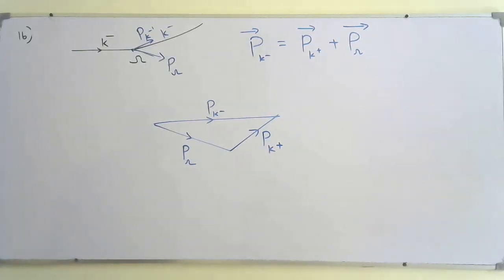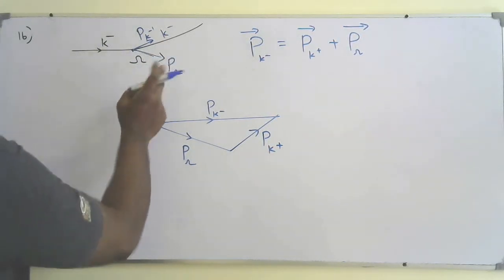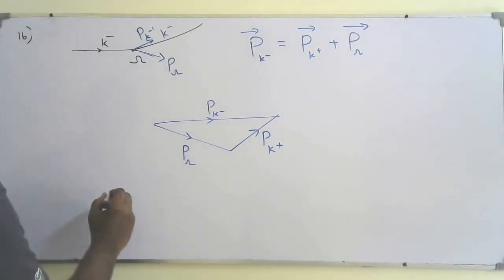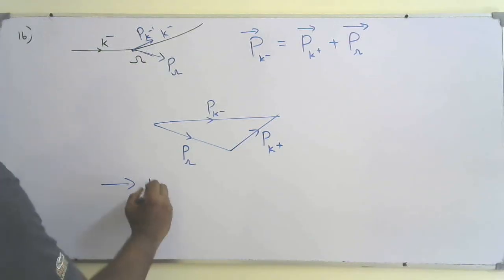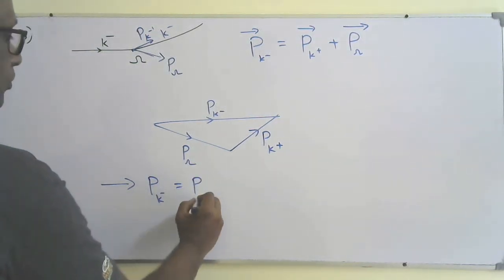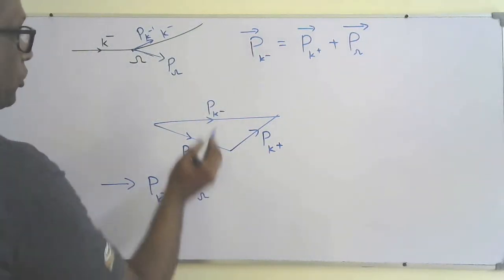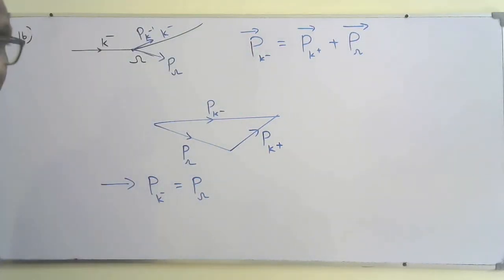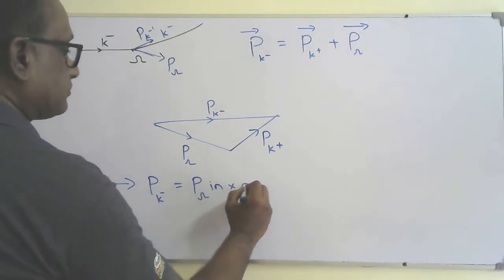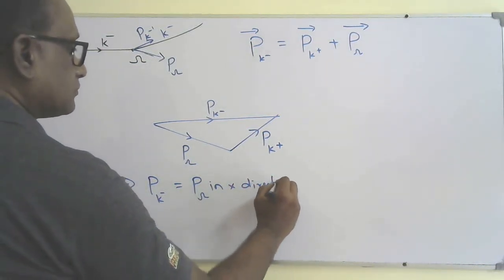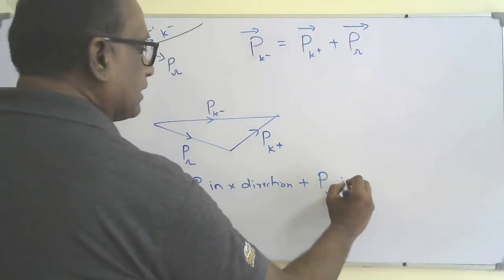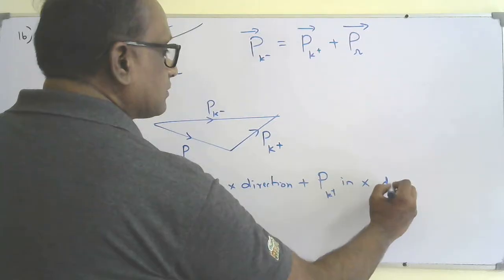Or you can consider the horizontal components. Along the x direction, the momentum of K minus is equal to the momentum of omega in the x direction plus the momentum of K plus in the x direction. You don't have the angle or anything.